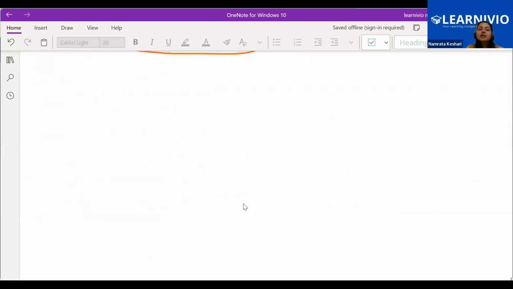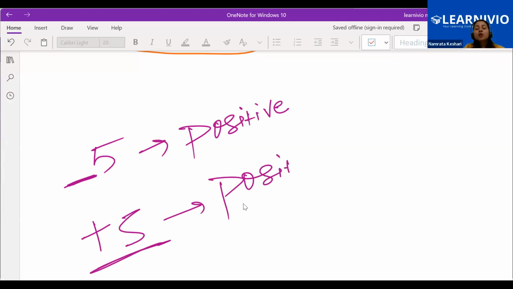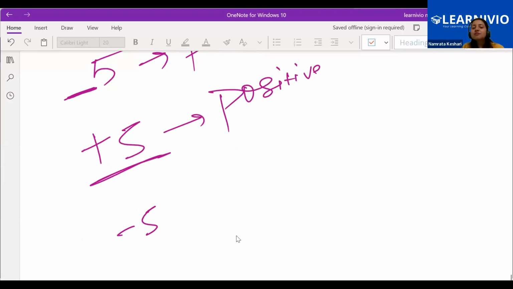If I am writing 5, is it positive or negative? What sign is in front of 5 decides that. Nothing is there, so it's a positive number. If I write plus 5, we can see clearly it's positive. Whatever is in front of the number will decide, in front, not in the back. If I am writing minus 5, we can see it clearly.